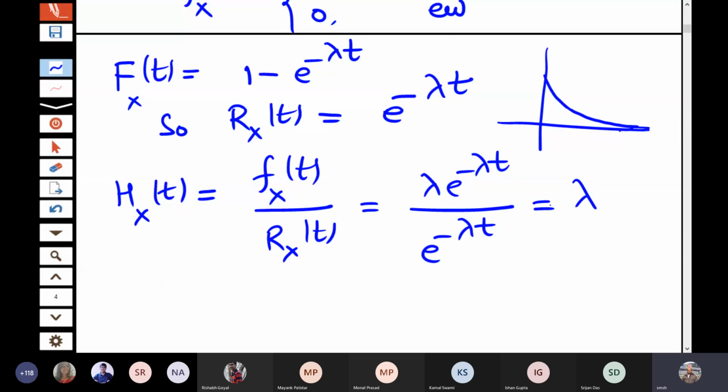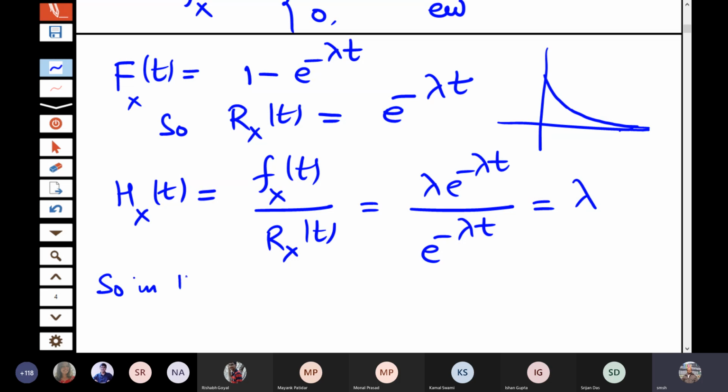So I mentioned to you about the memoryless property of the exponential distribution. So basically the interpretation of that memoryless property is this, that the failure rate is irrespective of the time, it is constant. So the systems which are very robust, they have the constant failure rate irrespective of the time.